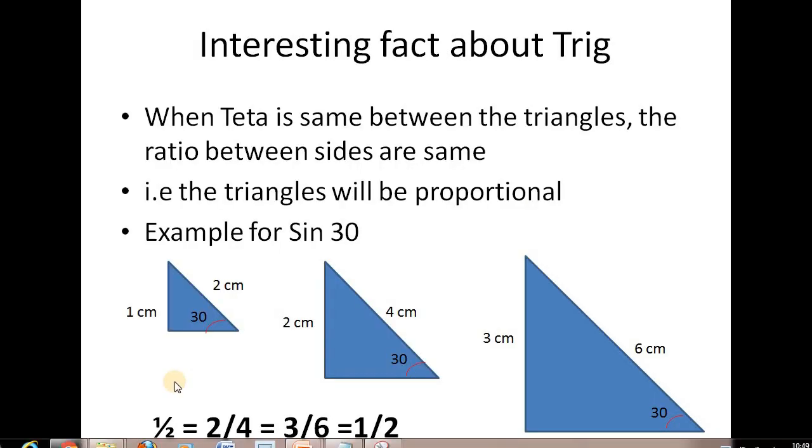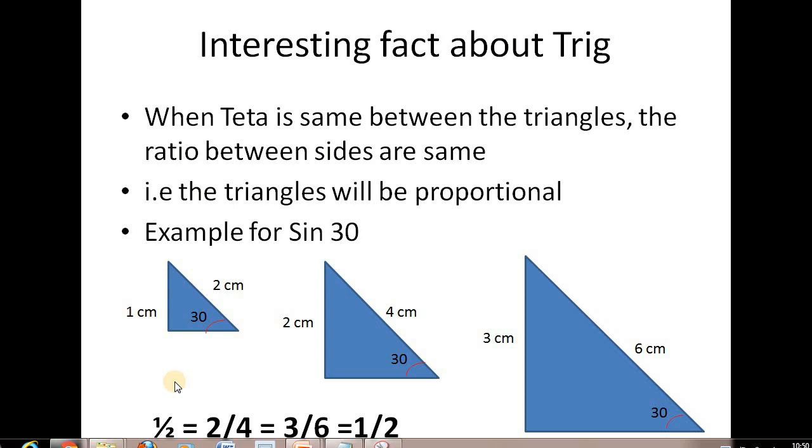Okay, now we will dig somewhat deeper into these trigonometric ratios, sine, cos and tan. Let us consider three triangles for which the value of theta is 30 degrees.